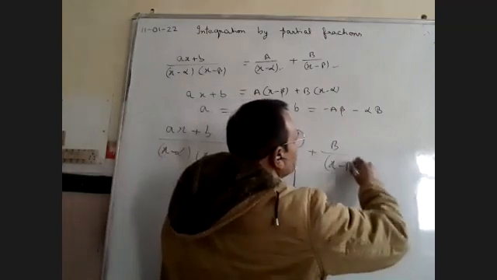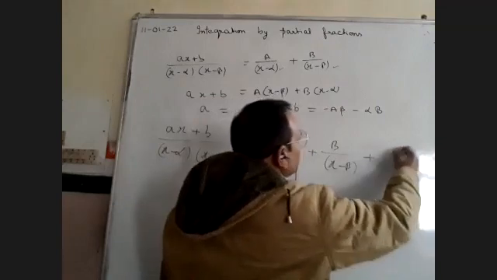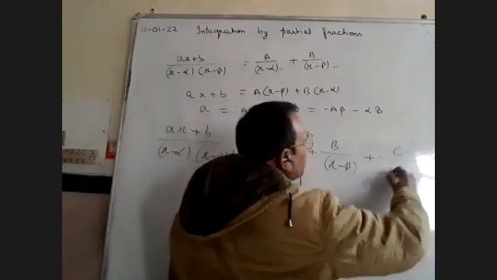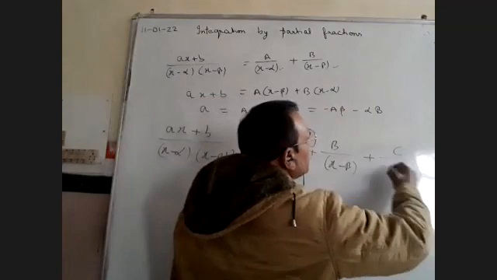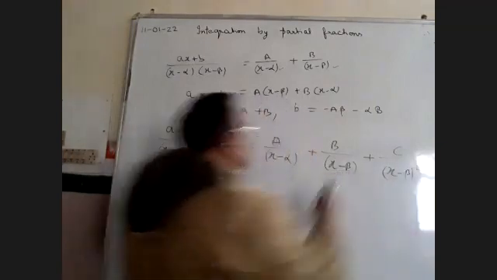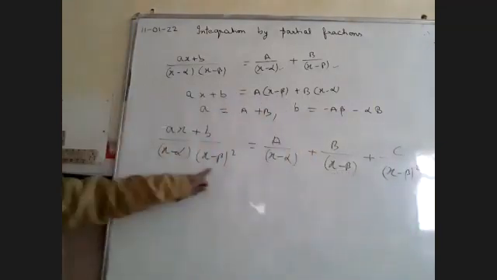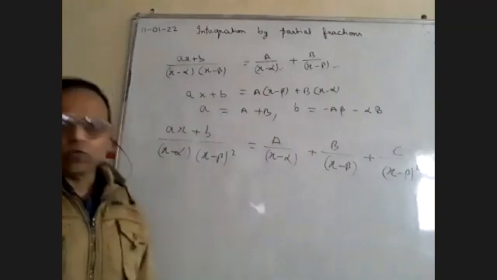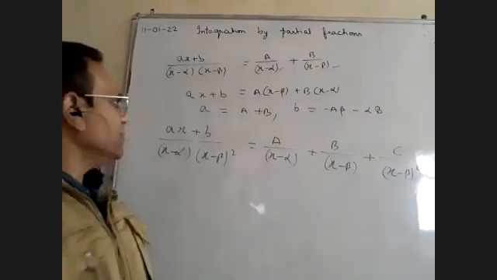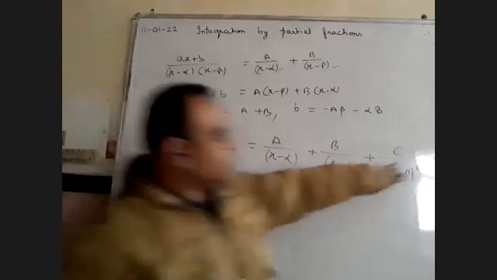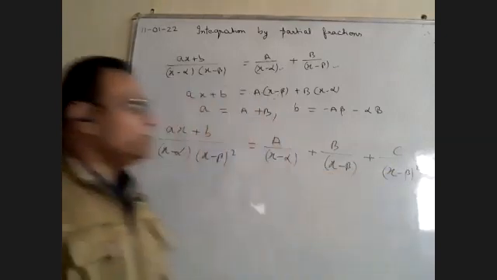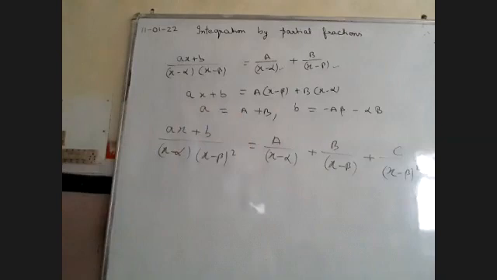If there is a repeated root, then we take another constant C and we write x minus beta square. One time we take the one root and another time we take the degree 2. If there is degree 3, then we will take D upon x minus beta to the power 3.